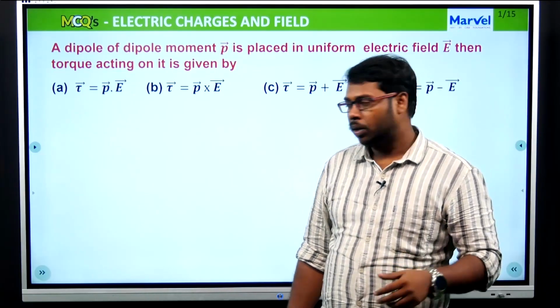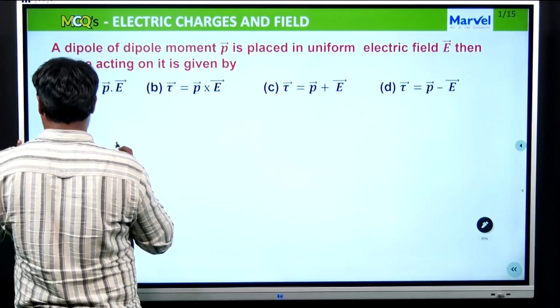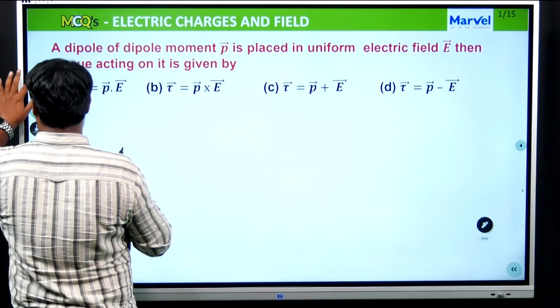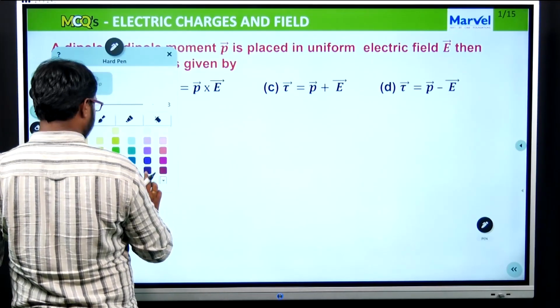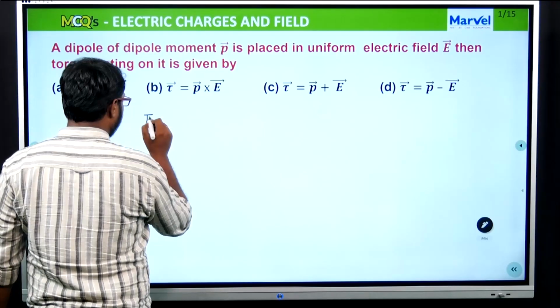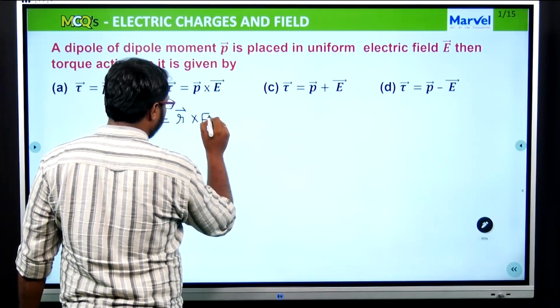So generally the expression for the torque is tau bar is equal to R bar cross F bar.